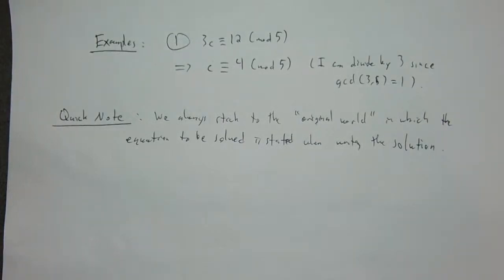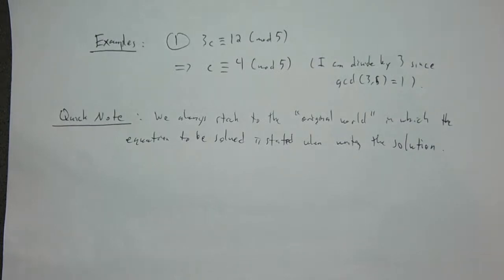And I'll show you an example. So even if we have to pass through other worlds, we always state our solution in terms of the original problem statement. This is similar to plenty of things you've seen before.